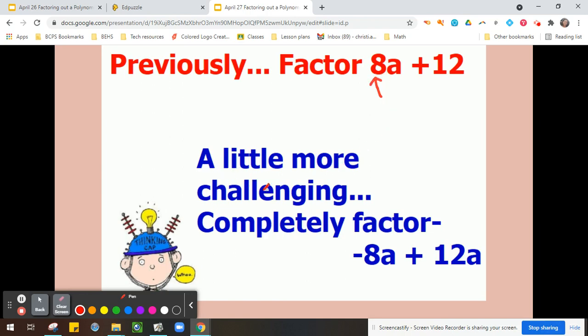Today, a little more challenging and only a little more challenging. We're going to factor things that have a leading coefficient that is negative. The process is the same, looking for the GCF, but today our GCF will be negative.